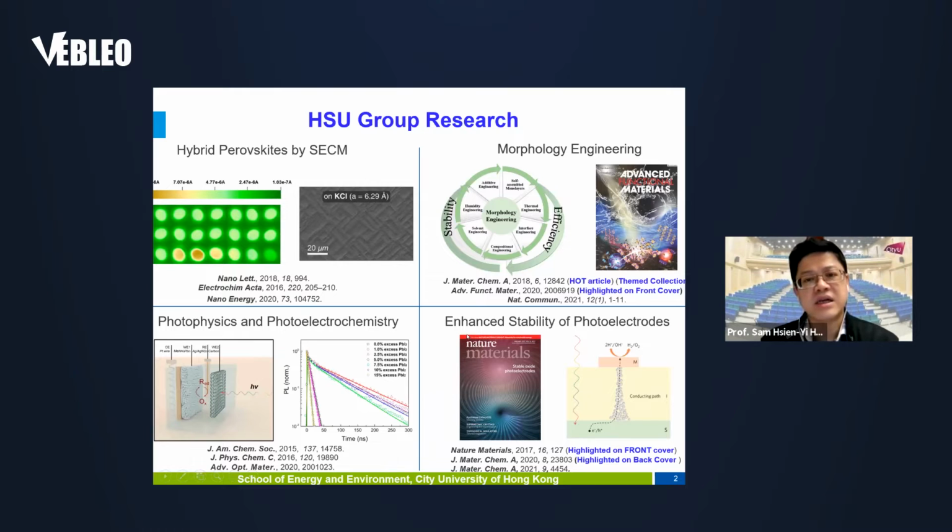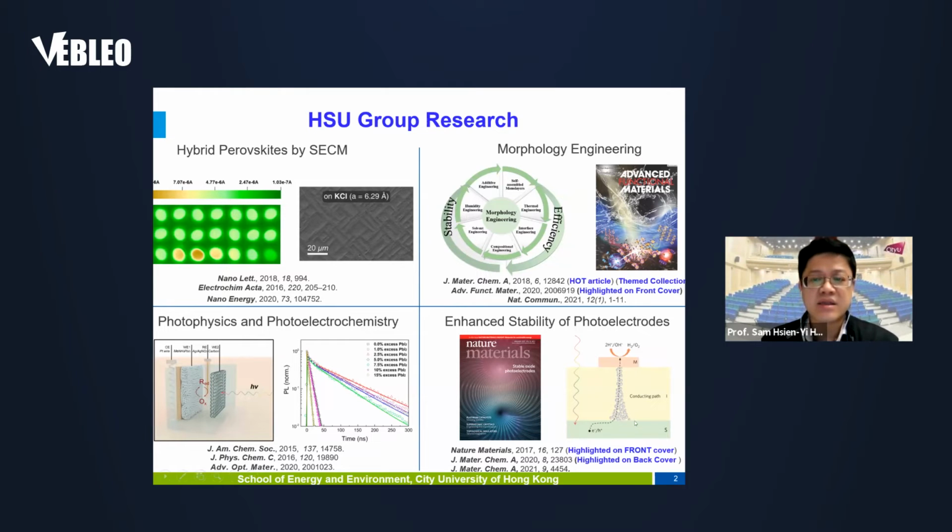In another work, we tried to develop a new method to increase the stability of the photoelectrode. This is the MIS photoelectrode, metal insulator semiconductor photoelectrode. This MIS photoelectrode has been widely studied for a long time.